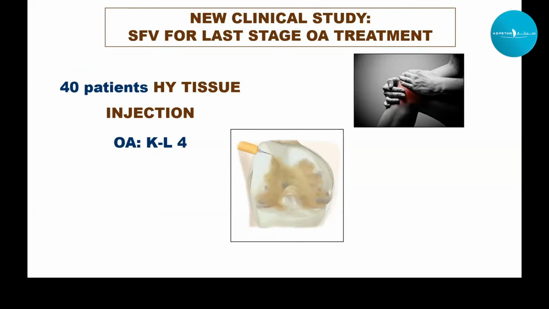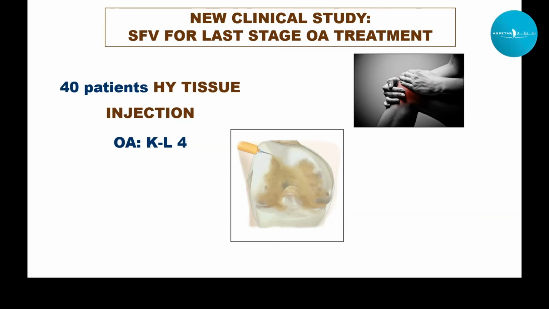So 6 months ago we started at Humanitas a new clinical study, using the non-expanded adipose-derived concentrate only for patients with Kellgren-Lawrence grade 4. So these are patients who are real candidates for total knee replacement, but for some reason they can't have it, for medical reasons, or because they are too young, or because, for example, they don't want a total knee.